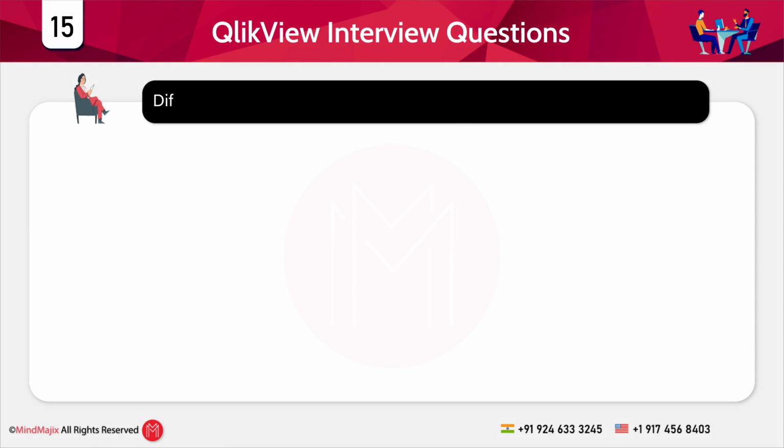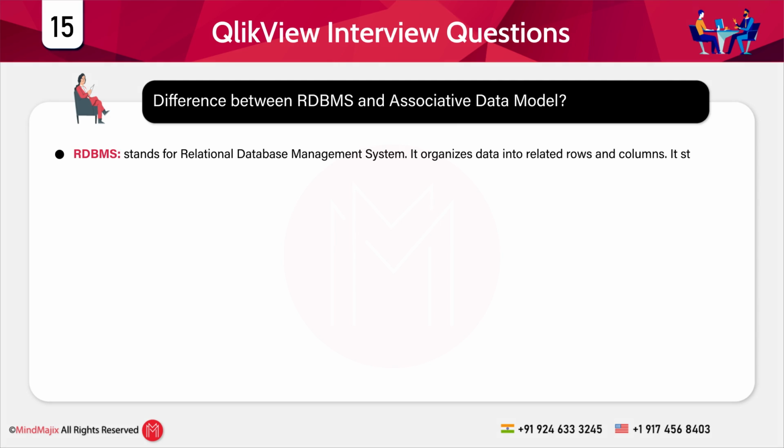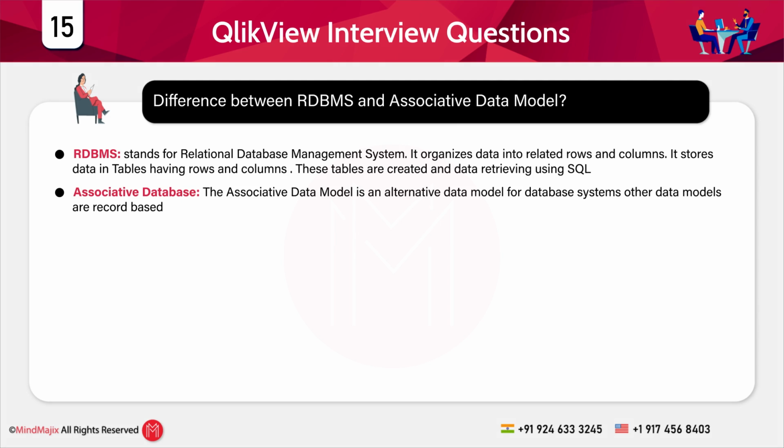Okay, difference between RDBMS and associative data model. RDBMS means relational database management system or relational data model. Associative data model, we also call a dimensional data model.